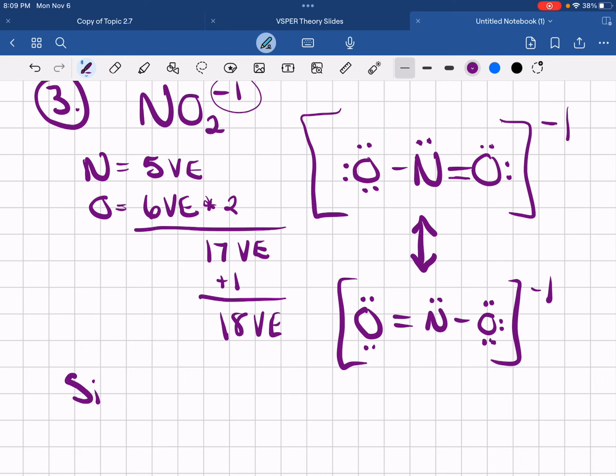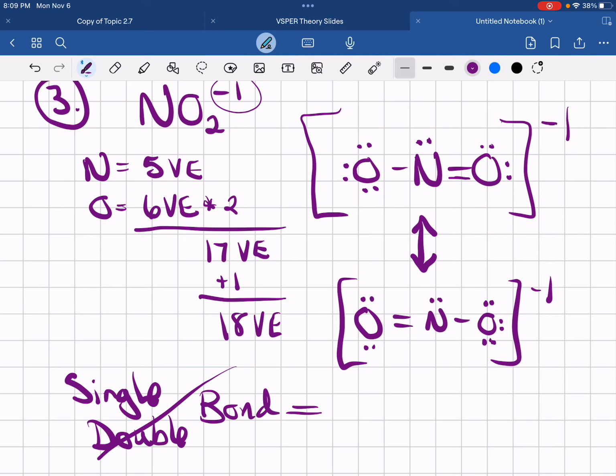So we have a single bond and we have a double bond. But what the actual molecule has is not one of each, but something halfway in between. So it has, let's call it, a 1.5 bond. Okay, so if this is a 1 bond and this is a 2 bond, then it has a 1.5 bond.